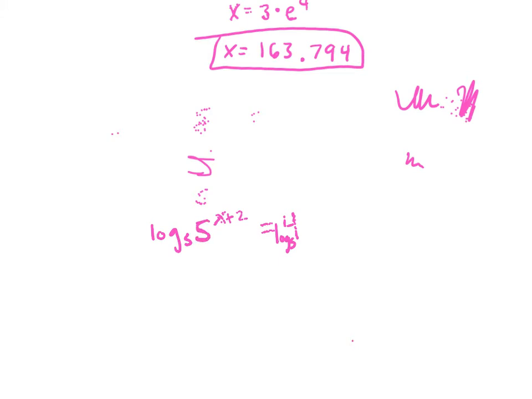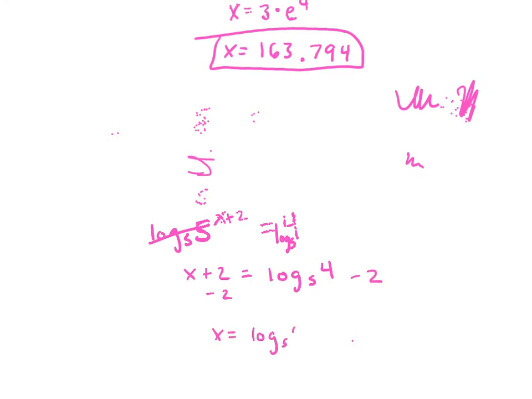So we're just left with x plus 2 on the left is equal to log base 5 of 4. And then we subtract 2 on both sides. So x is equal to log base 5 of 4 minus 2.